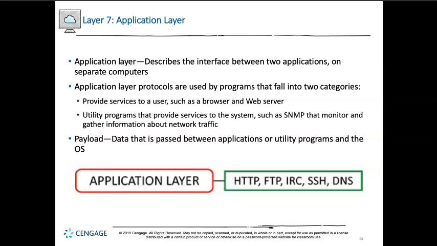Now, second to that are the utility programs that provide service to the system or that help the network actually survive. Not just the network, well, actually, yes, the network, because remember at layer 7, and because we're talking about layers, we're talking about communication. It's not about a standalone operating system that is just within itself and for itself, but something that is used for communication.